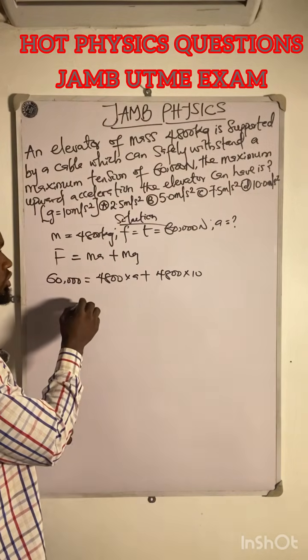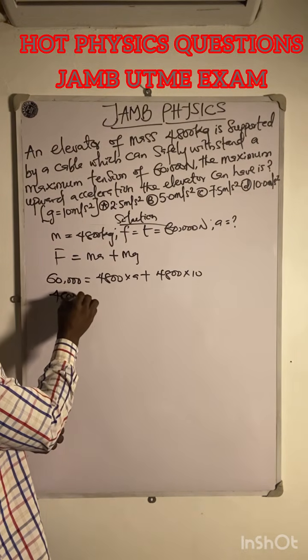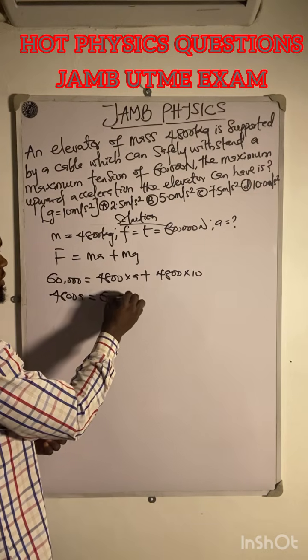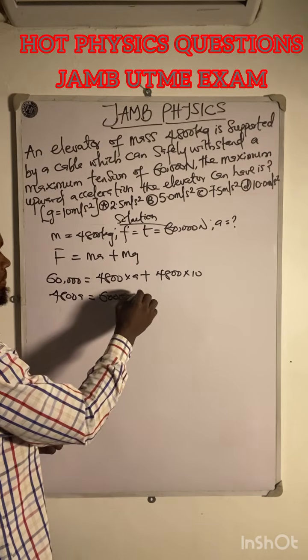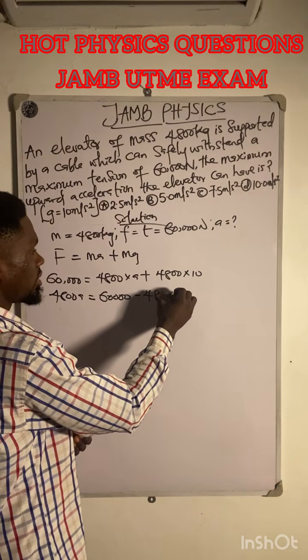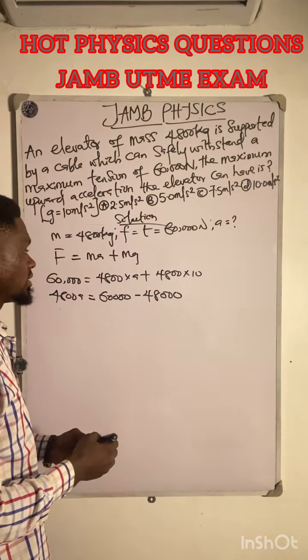So I'm going to make a the subject. 4,800 a is equal to 60,000, then this term crosses over, so I have minus 4,800 times 10, which gives 48,000.